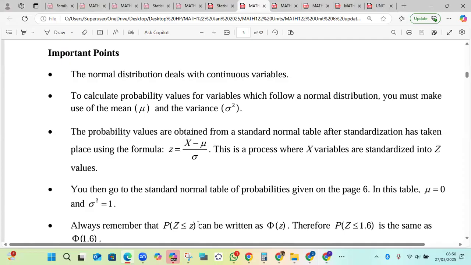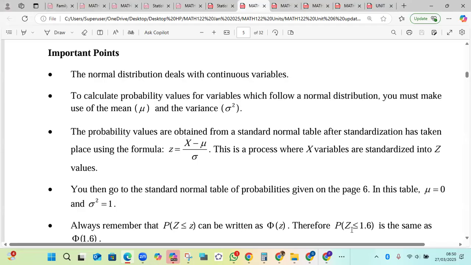Phi is a Greek letter, spelled PH-I, used to replace P of Z less than or equal to z.